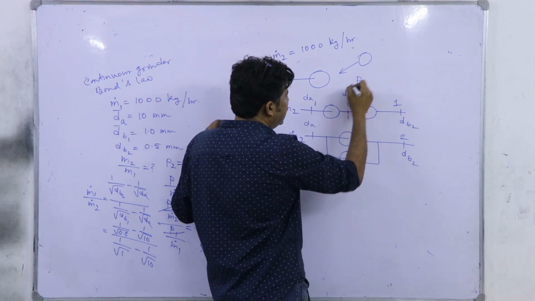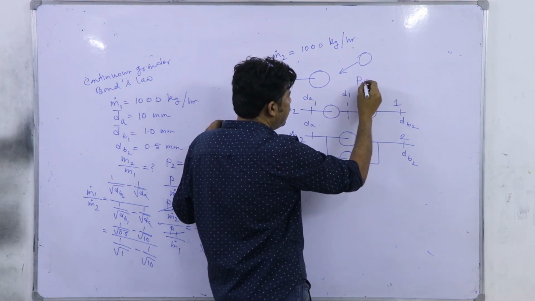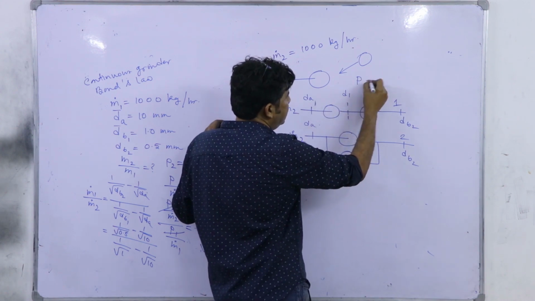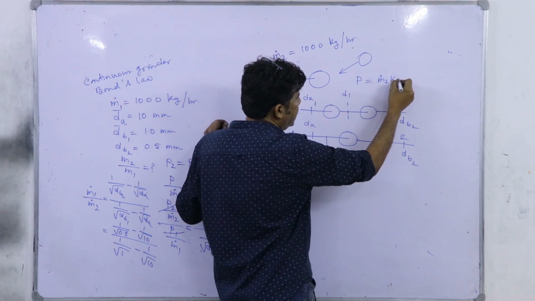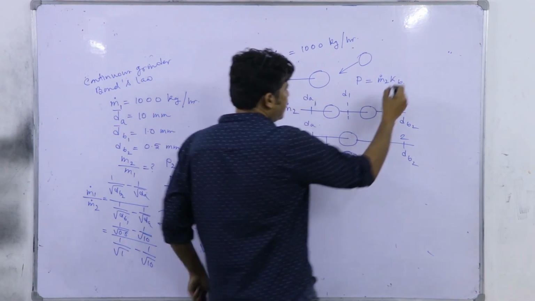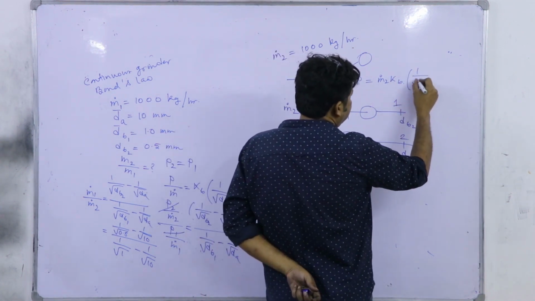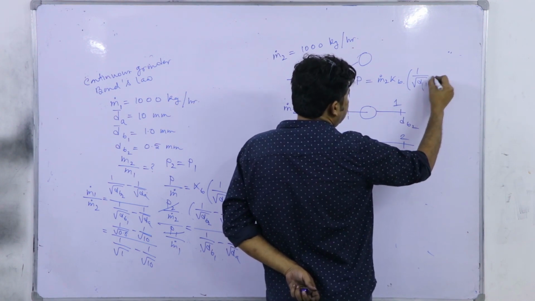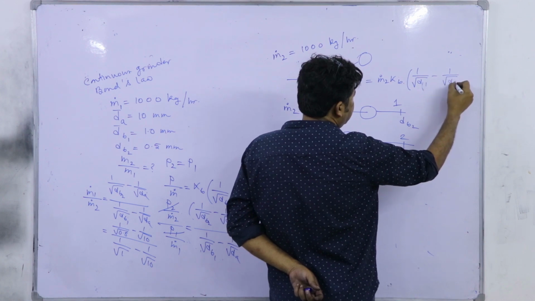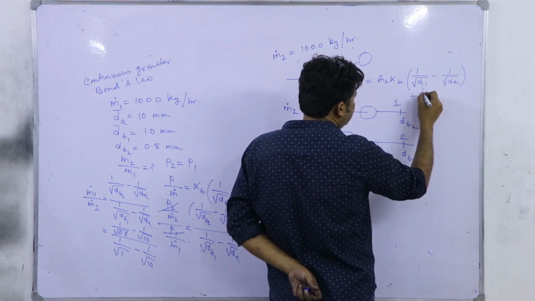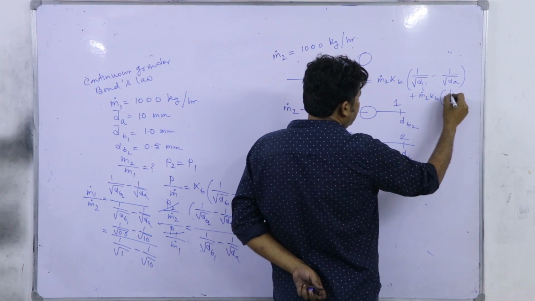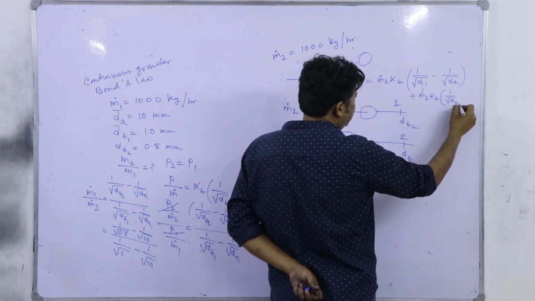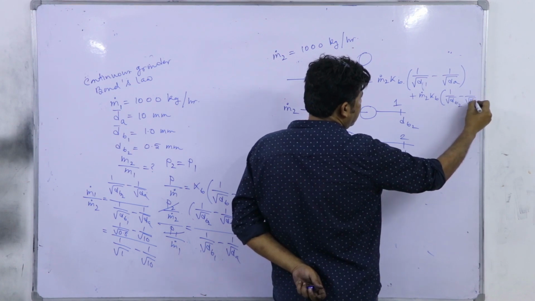So here the total power input is basically P is equal to m2 dot into Kb into 1 divided by under root of D1 minus 1 divided by under root of dA, plus m2 dot into Kb into 1 divided by under root of dB2 minus under root of d1.